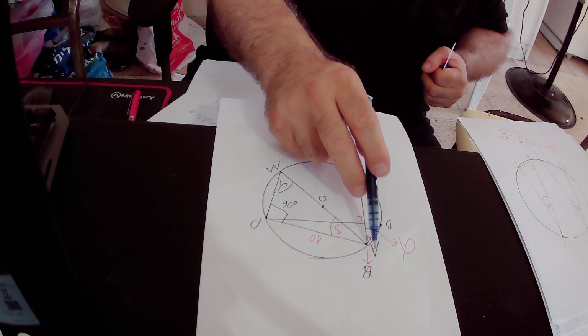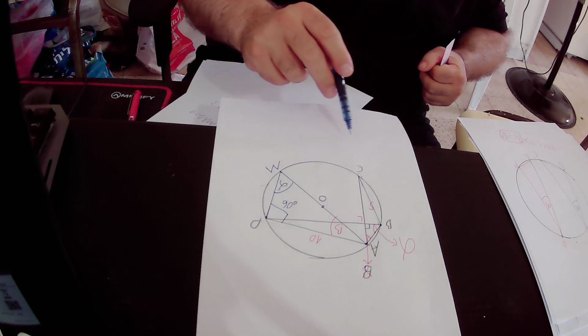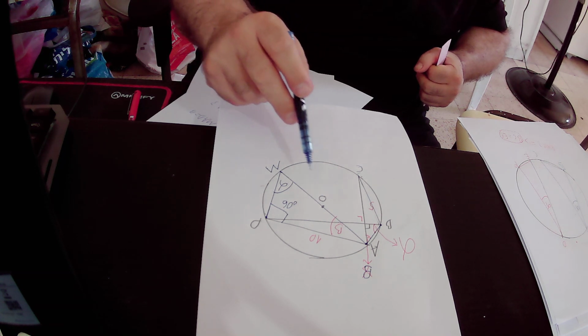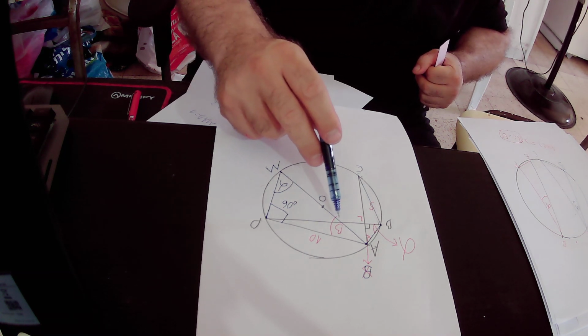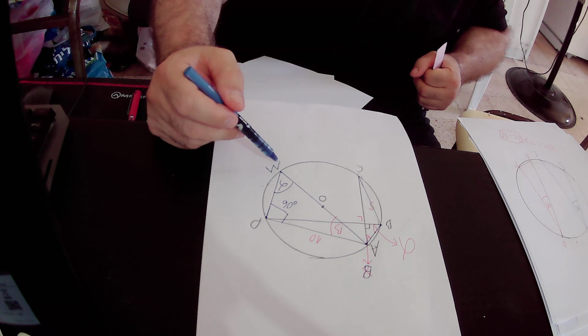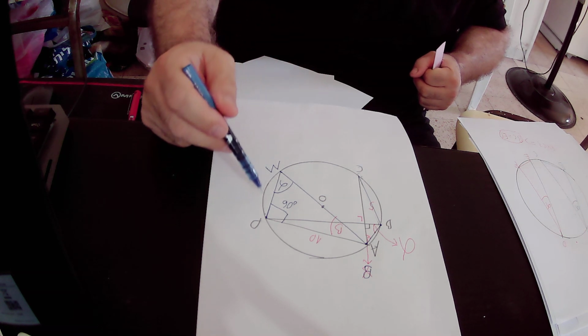This angle beta rests on chord BC, and it will be equal to this angle beta that rests on chord MD. So chord BC will be equal to chord MD.